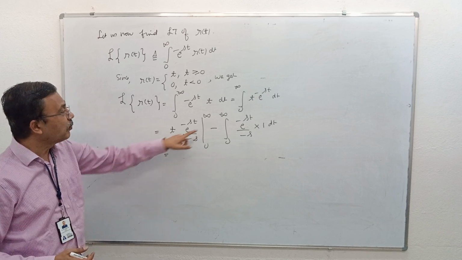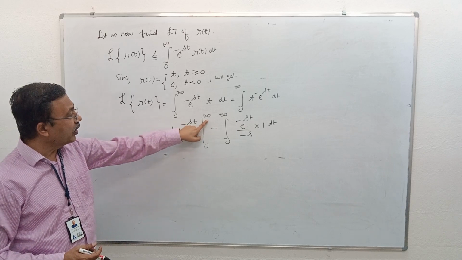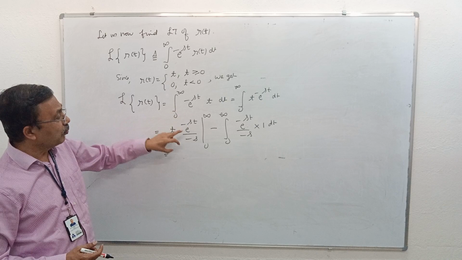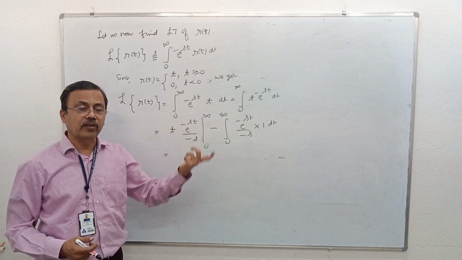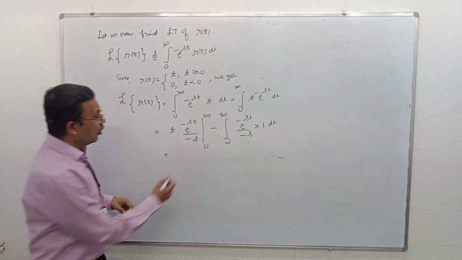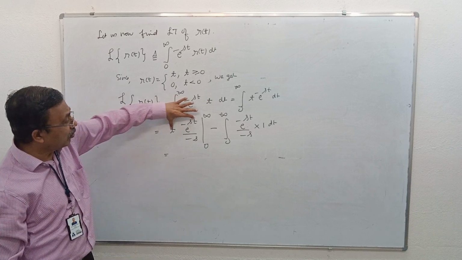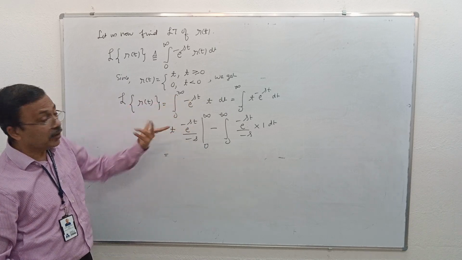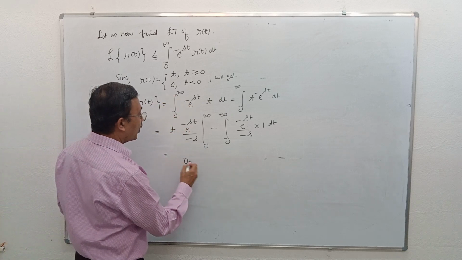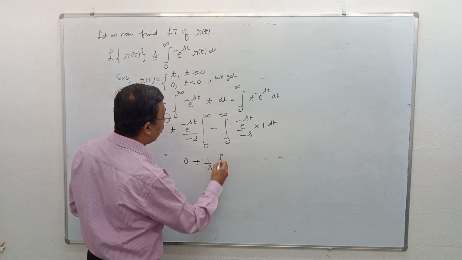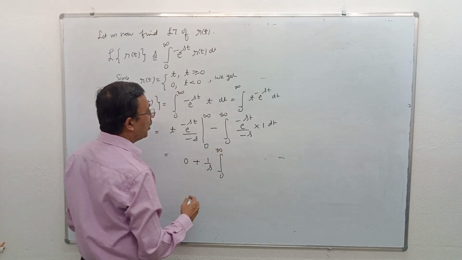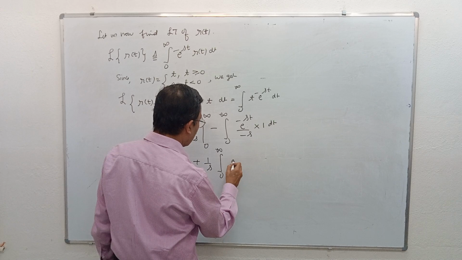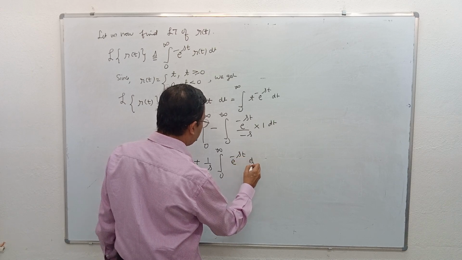Both upper and lower limits will give you a value equal to 0 when this function is evaluated. Let me repeat once again. If you put t equal to infinity, this function becomes 0 because e power minus infinity is 0. When you put the lower limit, this product is 0 because 0 into any number is 0. So this is 0 plus 1 by s integration from 0 to infinity e to the power minus st dt.